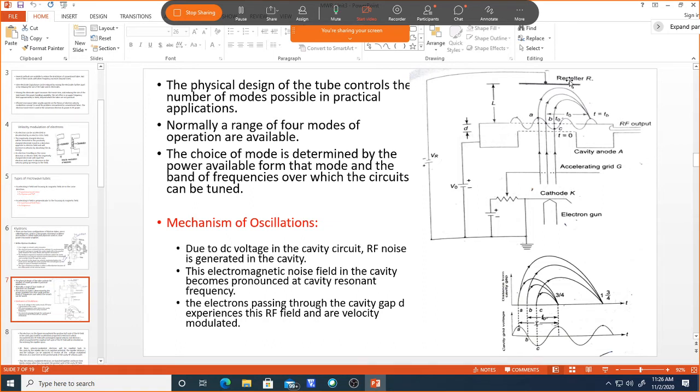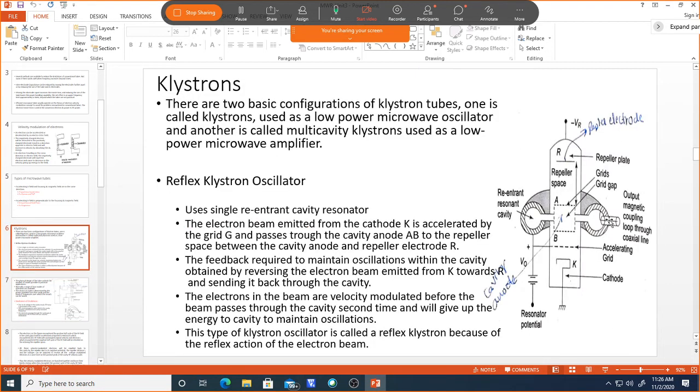Like this, the electrons are velocity modulated and bunched at the particular positive RF cycle, and they give up energy, producing microwave oscillation in the cavity at the cavity resonance frequency. That RF output power is collected by the coaxial cable, as I said, whose center conductor is connected to the cavity.